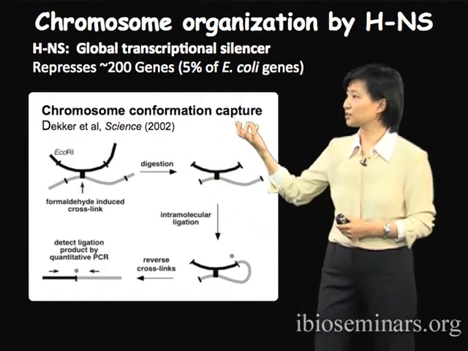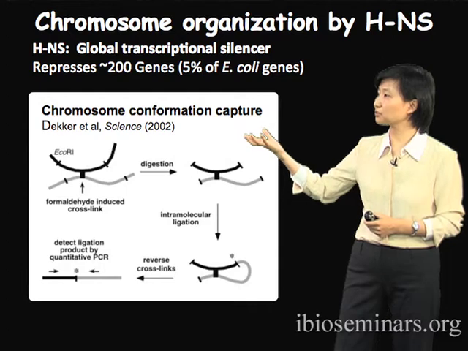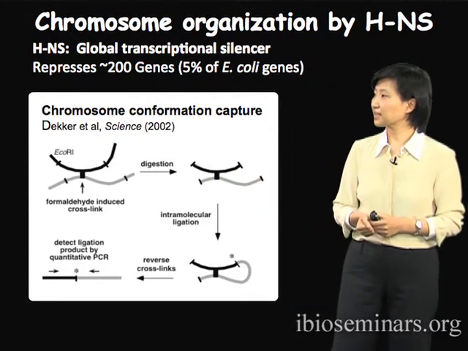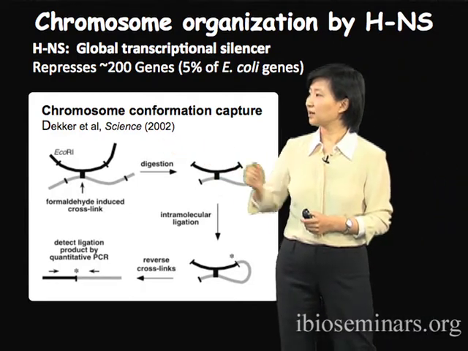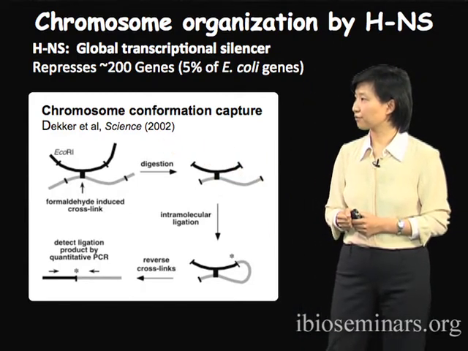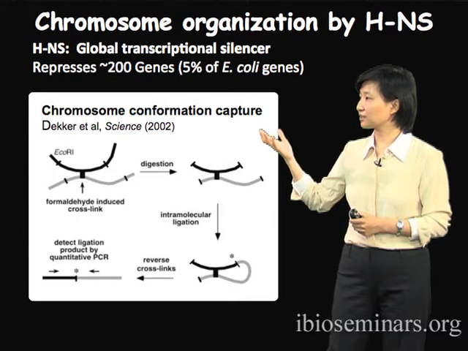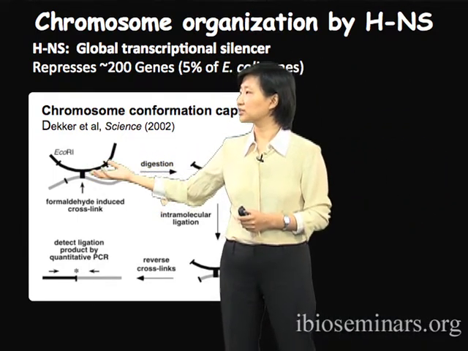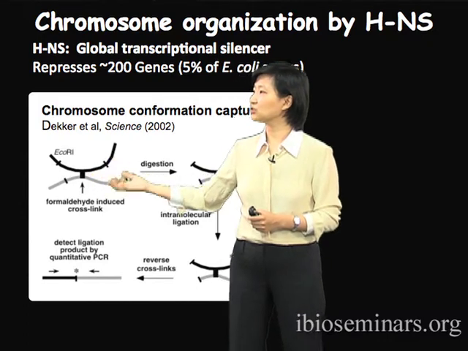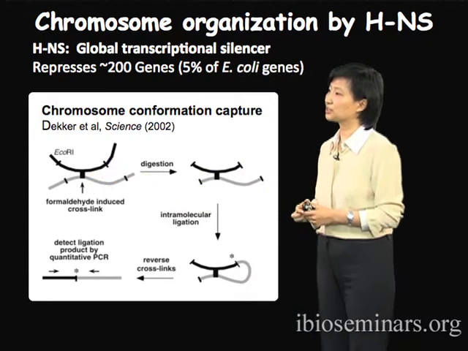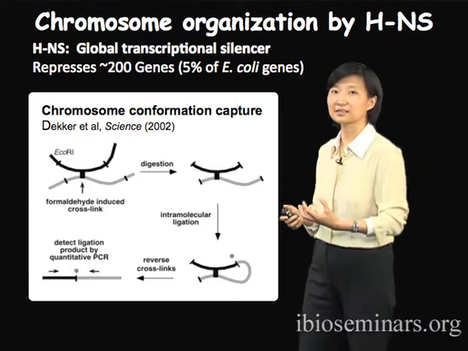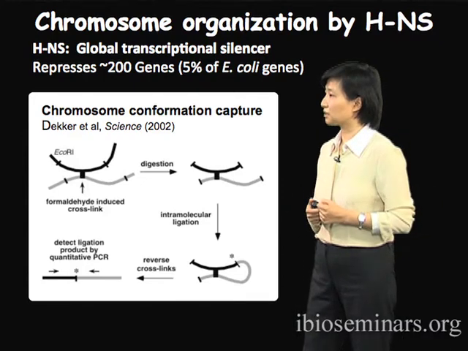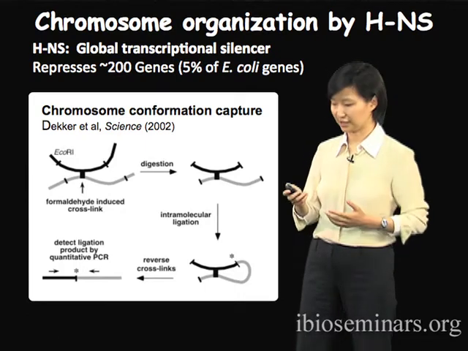developed by Nancy Kleckner and Job Dekker a number of years ago at Harvard. In this technology, the gene loci or DNA loci that are brought into proximity by proteins are probed by cross-linking and then later examined by PCR, for example.